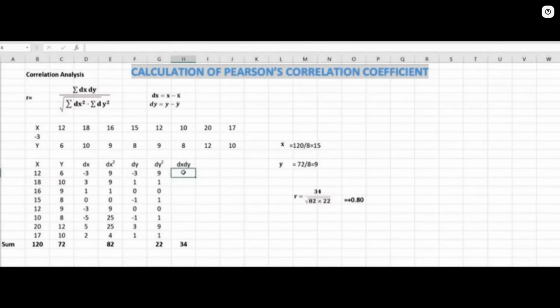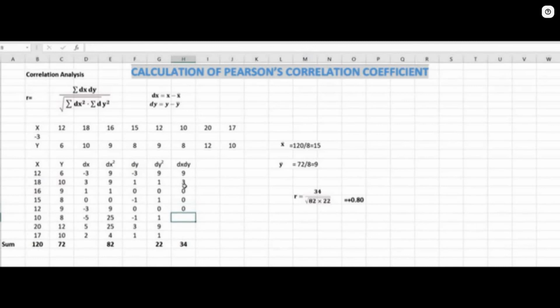So minus 3 into minus 3 is going to be 9. 3 into 1 is going to be 3. Then 1 into 0 is 0. Then 0 into minus 1 is again 0. Then minus 3 into 0 is 0.